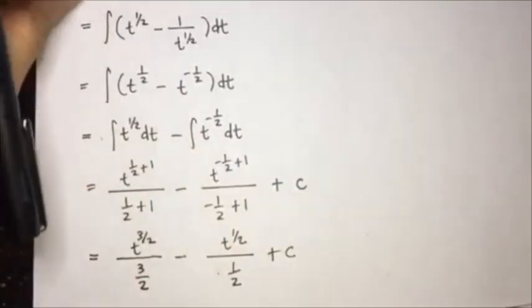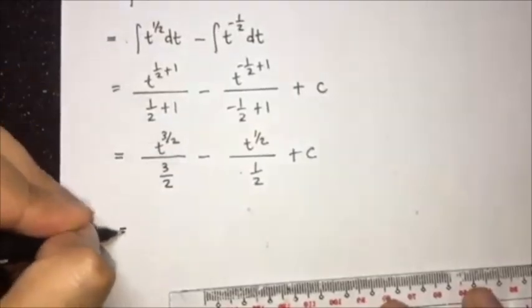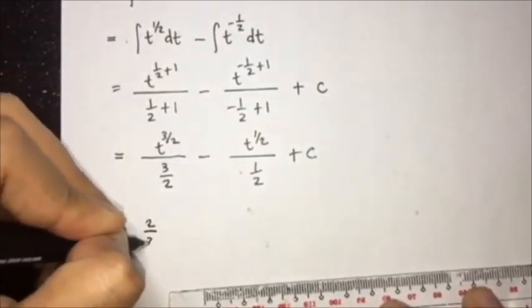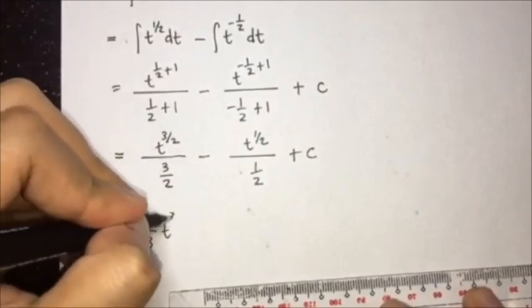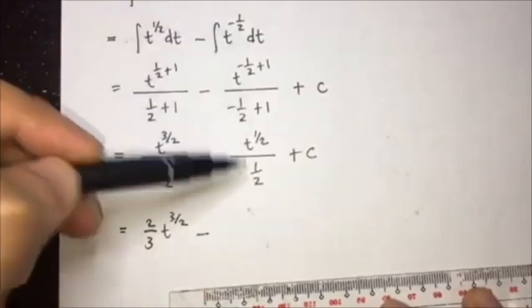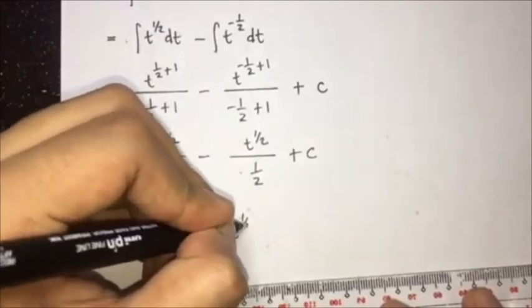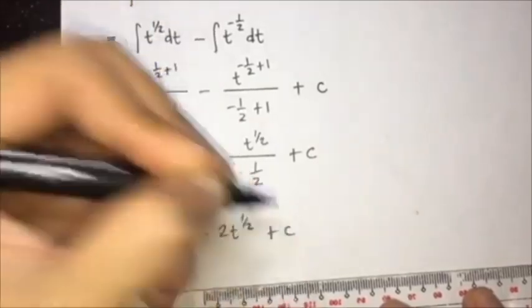And then simplifying, we have 1 divided by 3 halves, so that will become 2 over 3 t raised to 3 halves, minus 1 divided by 1 half, so that is 2 t raised to 1 half plus c.